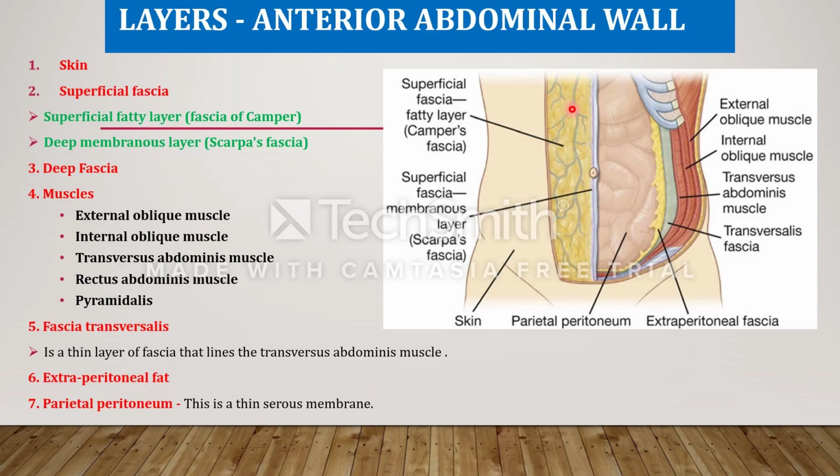Skin, superficial fatty layer, that is the Camper's fascia, superficial membranous layer or deep membranous layer of the superficial fascia, this is the Scarpa's fascia. Then there is the external oblique muscle, internal oblique muscle, transversus abdominis muscle and transversalis fascia, and extraperitoneal fat and parietal peritoneum.